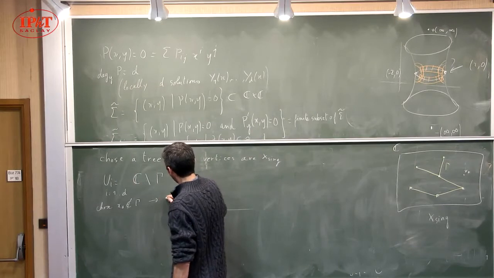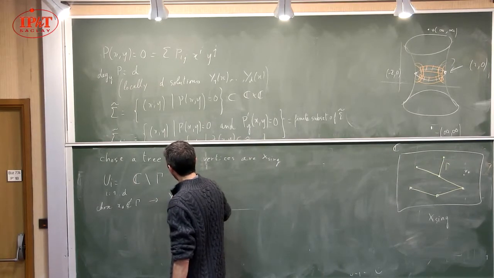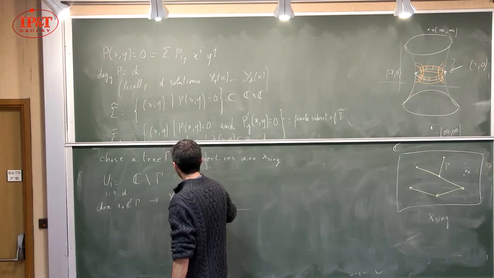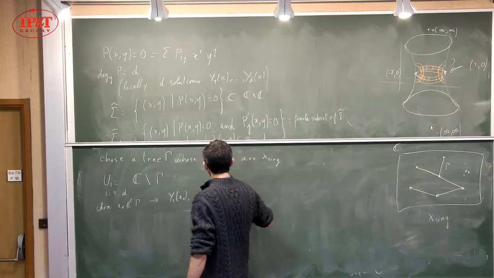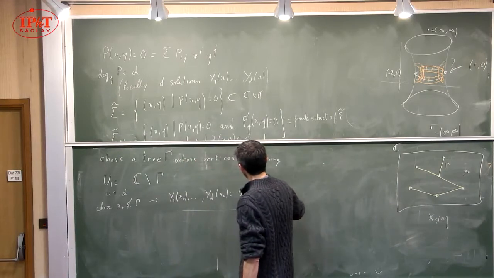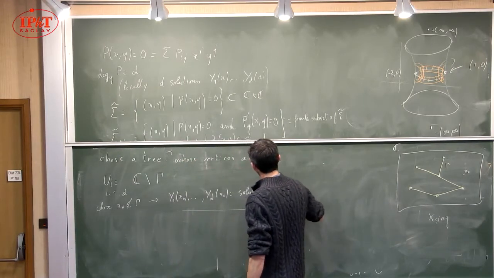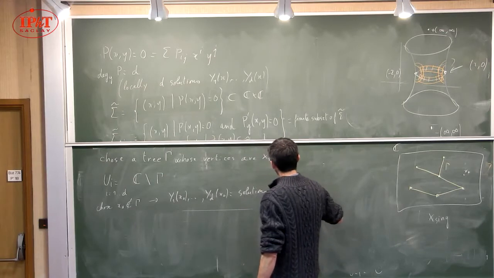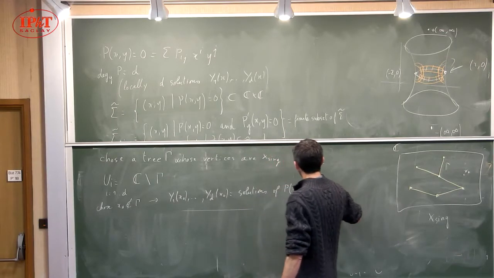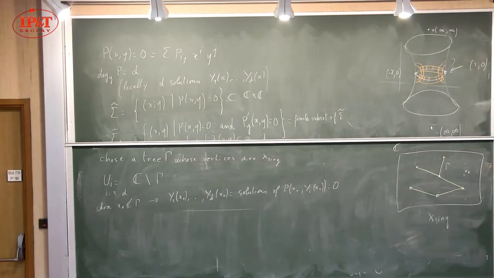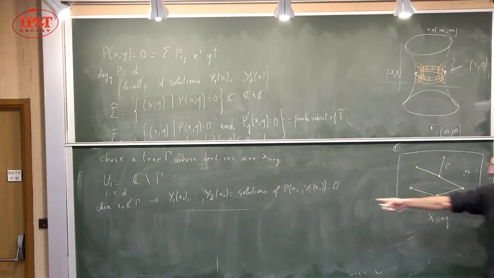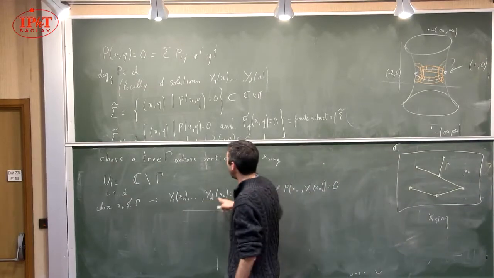So let's call y_1 of x0, ..., y_d of x0 solutions of P of x0, y_i of x0 equals 0. So above that point, I label the solutions.